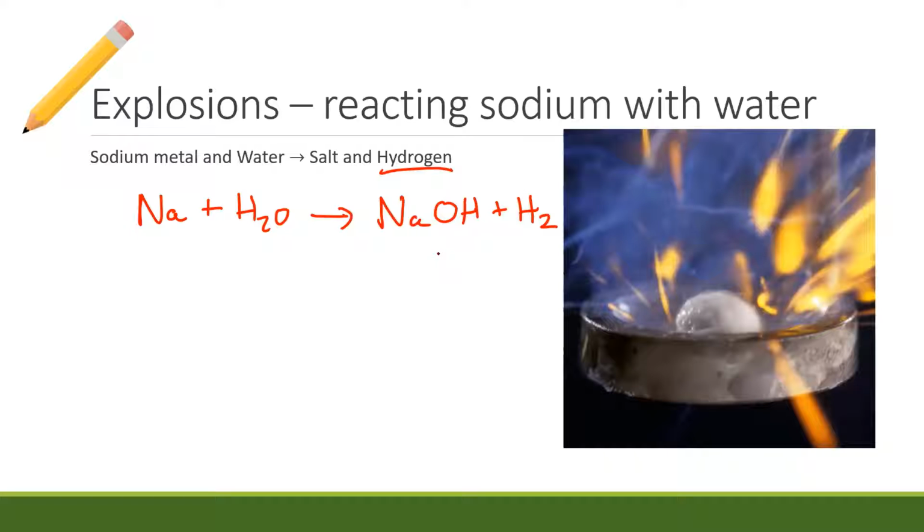Now, technically, guys, just for the record, this isn't balanced. I need to fix this up to make sure this is balanced. To do that, I need to go 2, 2, and 2. I'm about to show you guys how to balance these, but at the moment, I just want you to quickly see how these would look.